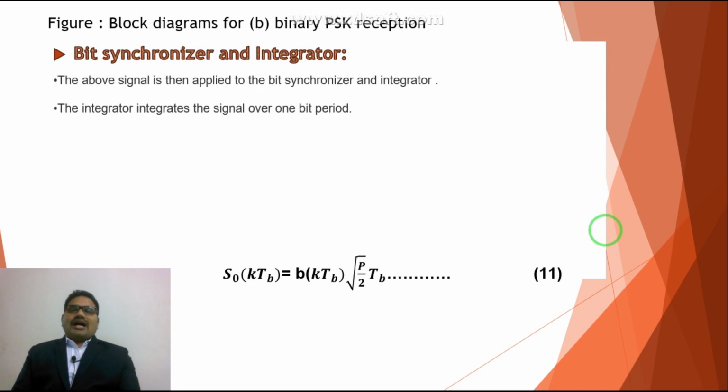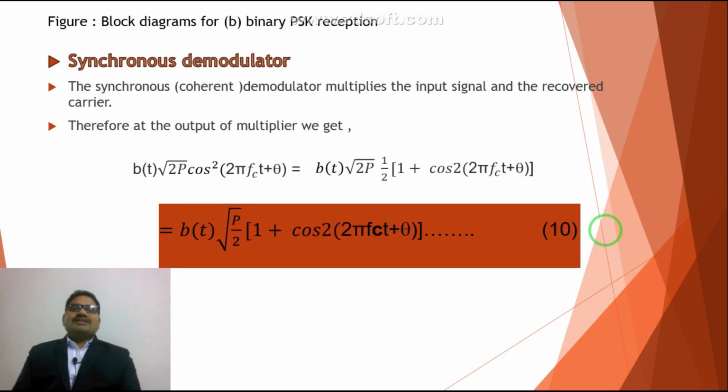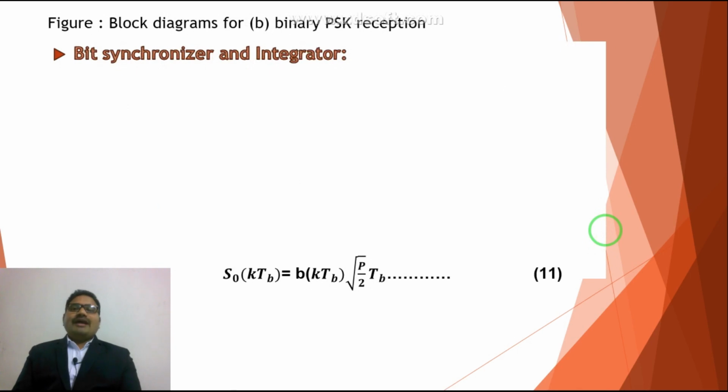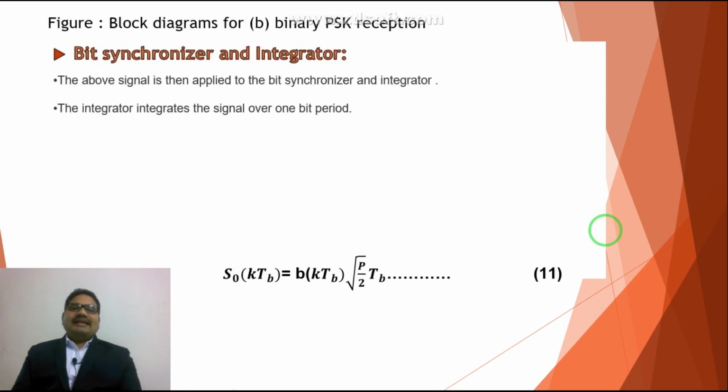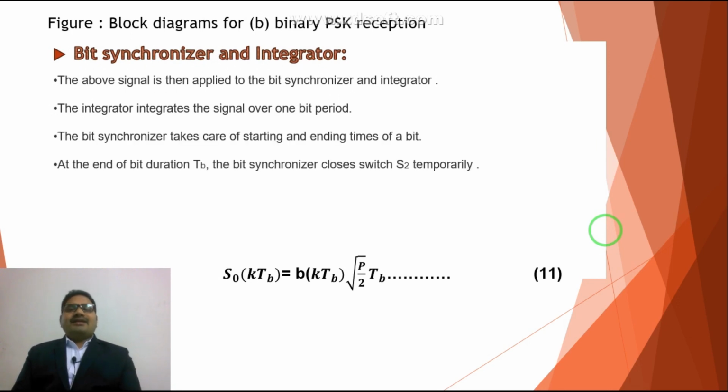Now the output of this synchronous demodulator is given to what? The bit synchronizer and integrator. So the above signal is then applied to this, and the integrator is going to integrate the signal over 1 bit period. And the bit synchronizer takes care of what? It is going to decide the start and the end of the bit.